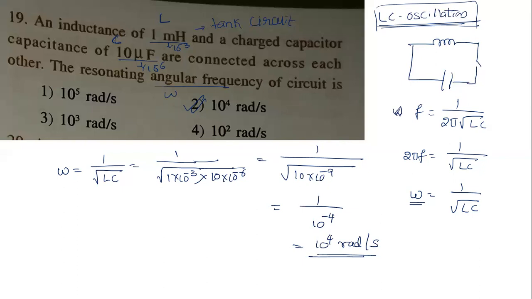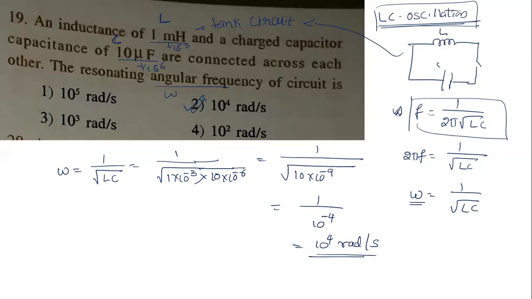When energy is exchanging, it happens with a frequency F equal to 1 divided by 2 pi root of LC. That is the frequency formula. This LC circuit is also what we call a tank circuit.